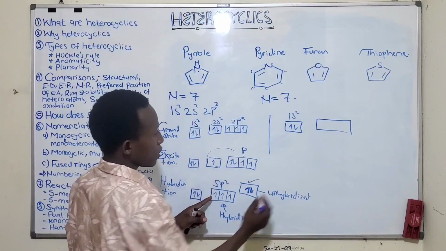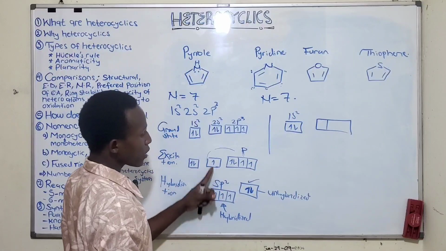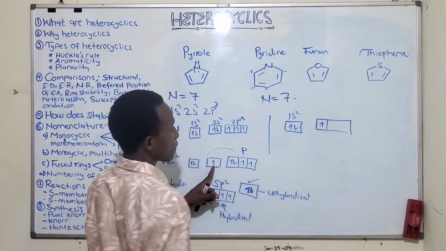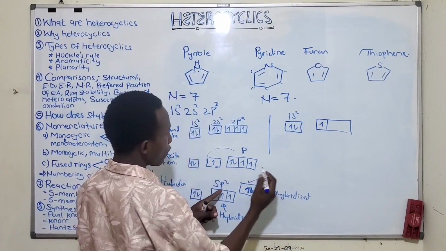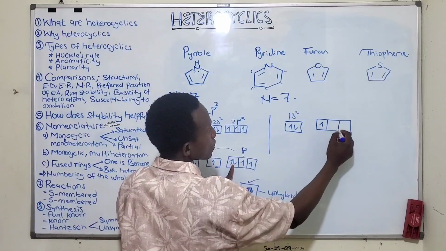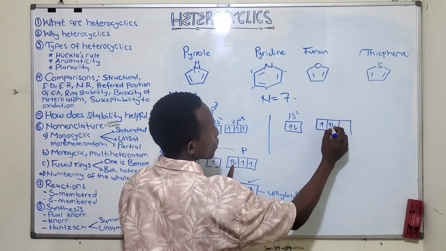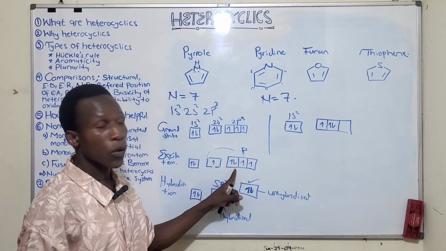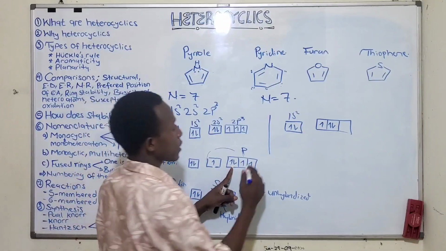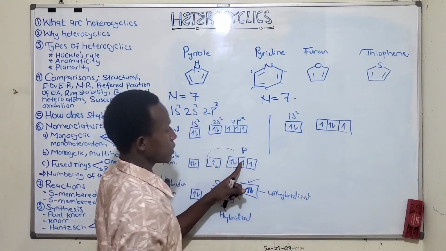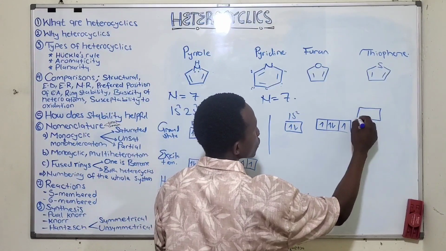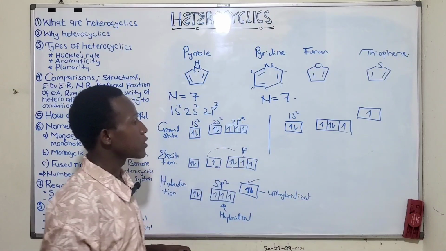The s electron will be here. These 2 lone pairs of electrons are also hybridized, and only 1 remains unhybridized.